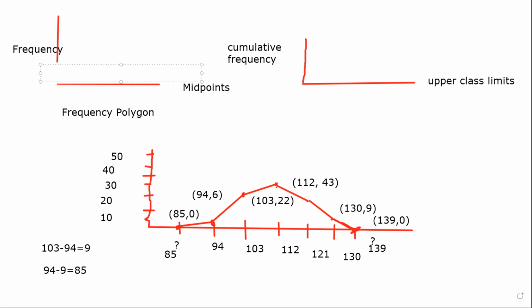Sometimes what students do is they make their polygon go all the way to 0, but they don't tell us what this is. So if you close this, but you don't tell us where 85 is, where 139 is, that's an automatic deduction. So make sure that you actually put in those numbers, even though they're not part of the data.